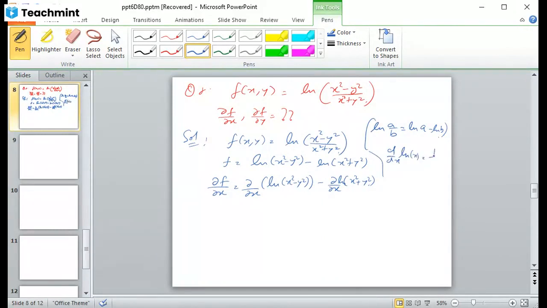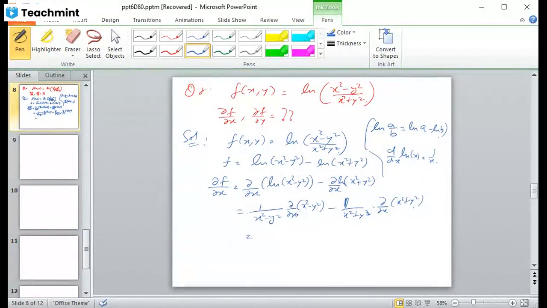The derivative of log x is 1 upon x, that is the reciprocal of the variable. So it is 1 upon (x square minus y square) into ∂/∂x of (x square minus y square). Here also the derivative is 1 upon (x square plus y square) into ∂/∂x of (x square plus y square).